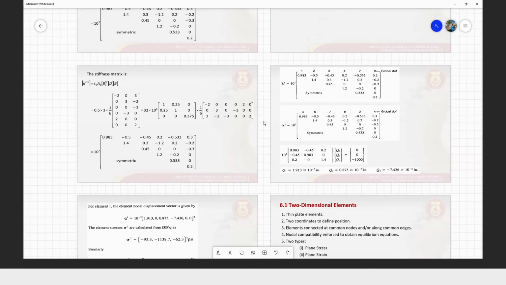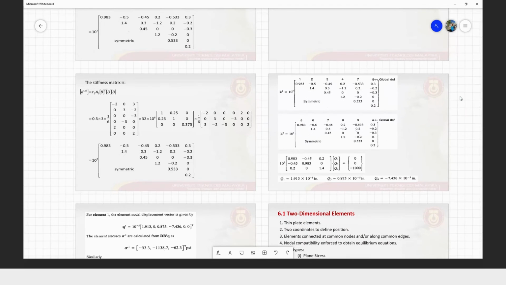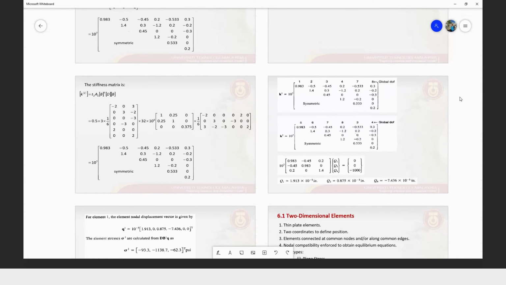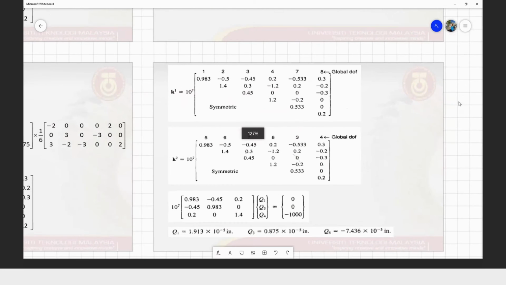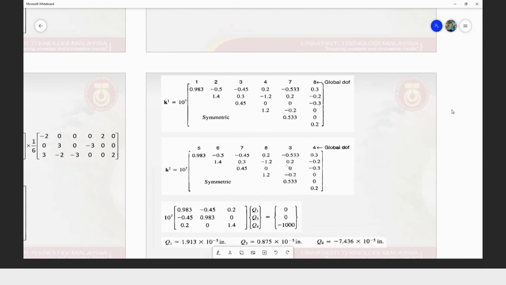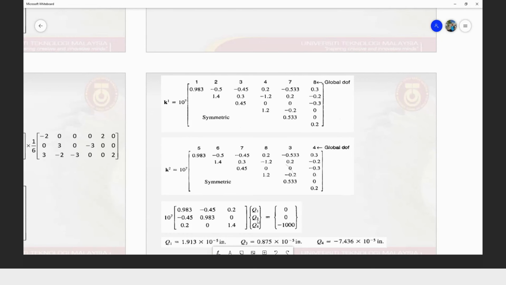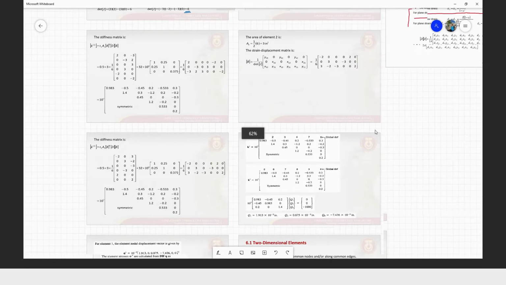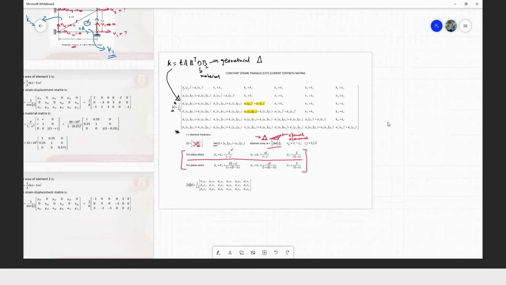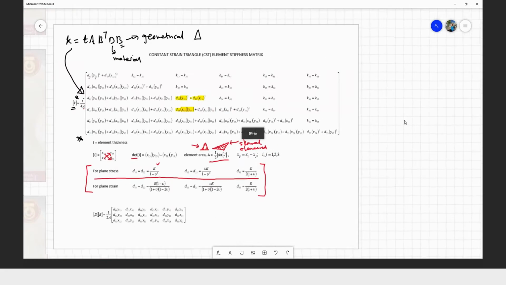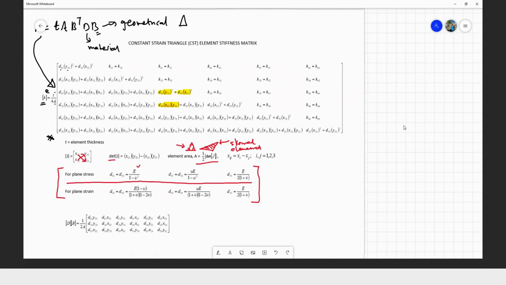All right, let's look first at our K1. Let me copy this and put it next to the K matrix that we have here. I can enlarge it here.